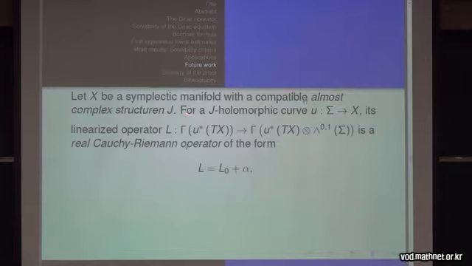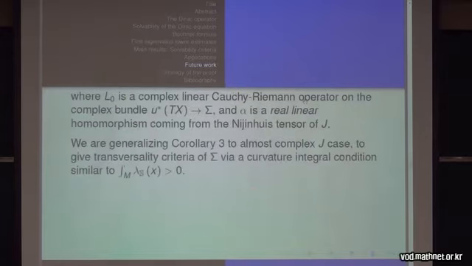For a J-holomorphic curve, we can consider the linearized operator. In this case, the operator is given by L0 plus alpha, where L0 is a complex Cauchy-Riemann operator, but the difficulty comes from alpha. This term is real linear, not complex linear.